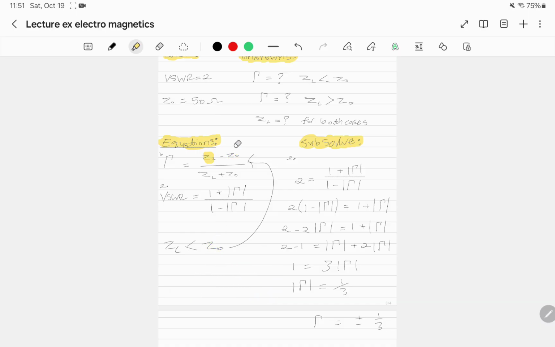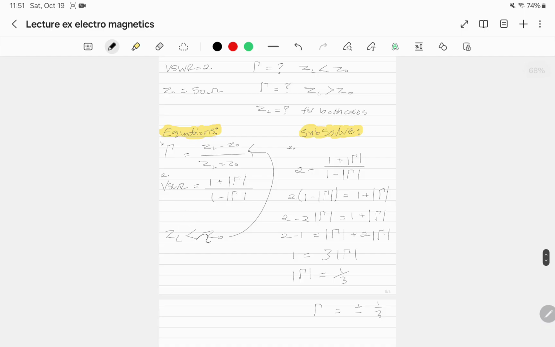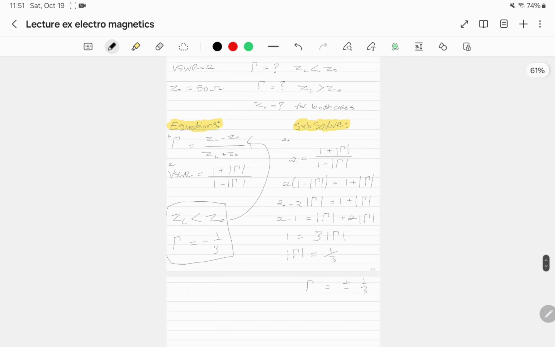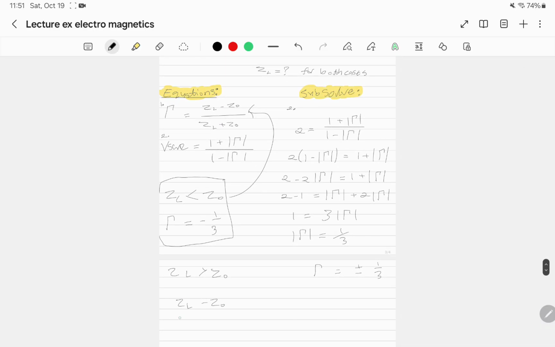So our reflection coefficient would be minus 1 over 3 for this scenario. But in the other scenario, if ZL is greater than Z0, then in the numerator it would be ZL minus Z0, and if ZL is greater, then you'll have a positive number, meaning you'll have 1 over 3. So just the other way around.